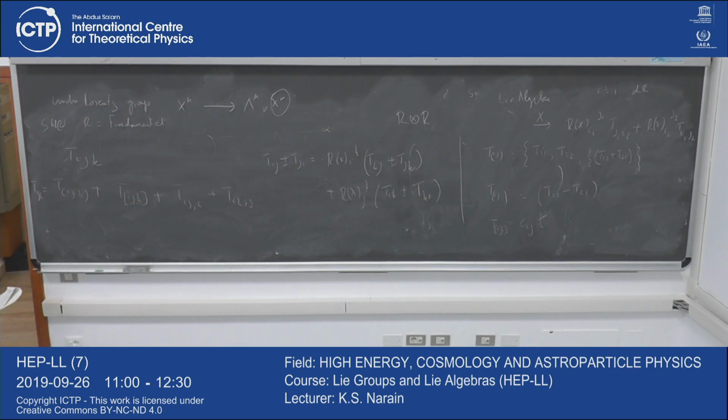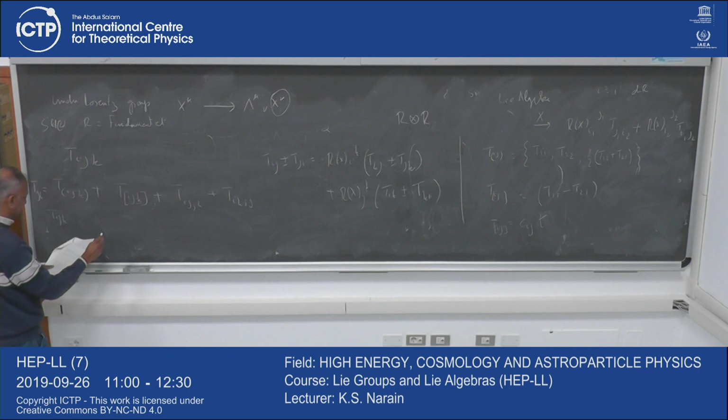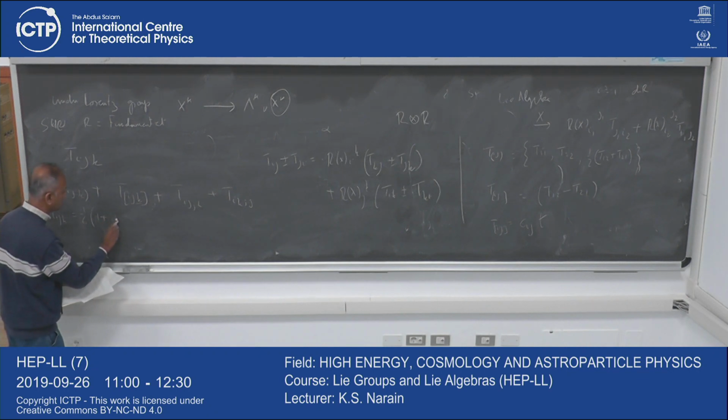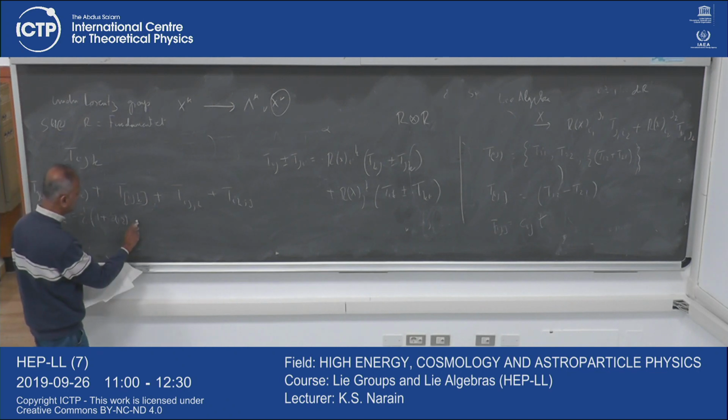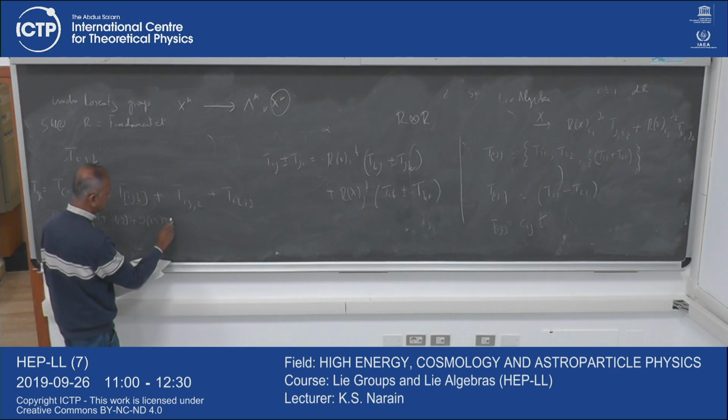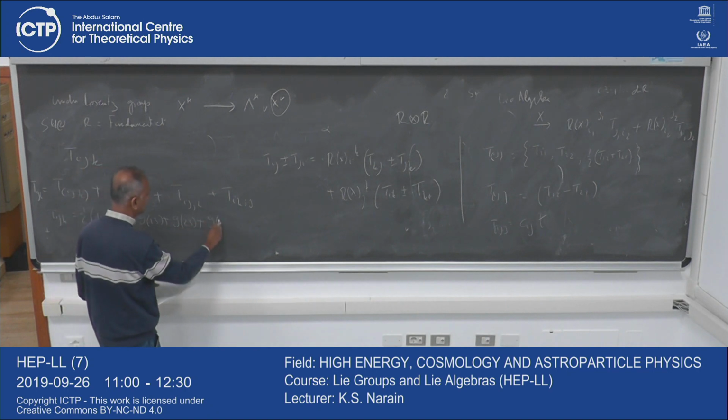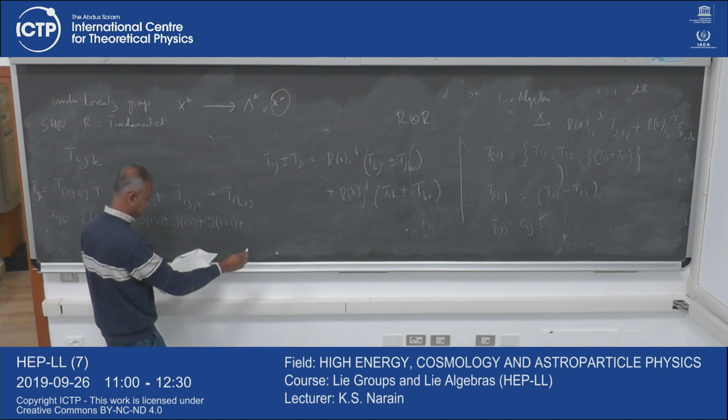If you see on page 42, Tijk totally symmetric can be written as 1/6 times, in terms of the permutation group elements, G12 plus G13 plus G23. Basically I take all the permutations, and the cyclic ones G123 plus G132.